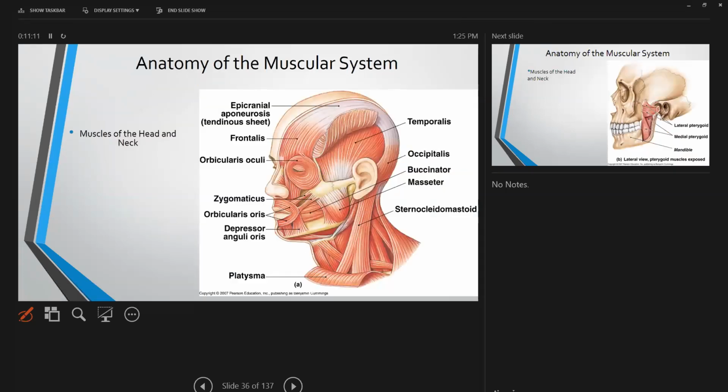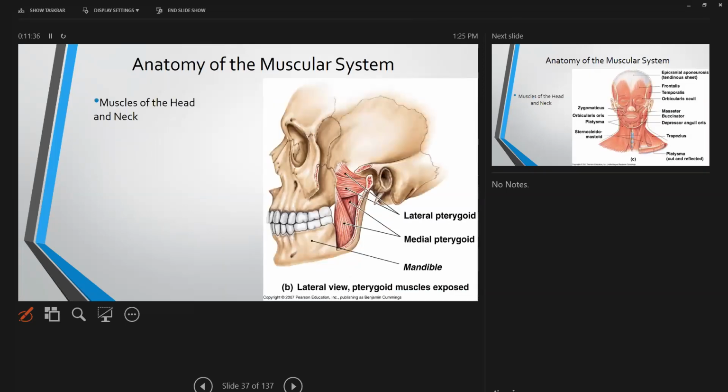Here are some muscle anatomy of the face. I'd like you to just be familiar with these. We are not going to have specific diagrams that you'll be tested on. However, I want you to be comfortable with this verbiage and know where to get to this quickly, as it will be necessary in your clinical rotations.